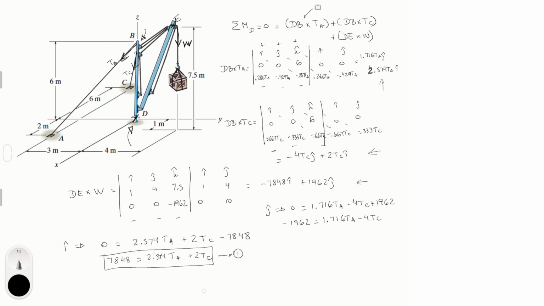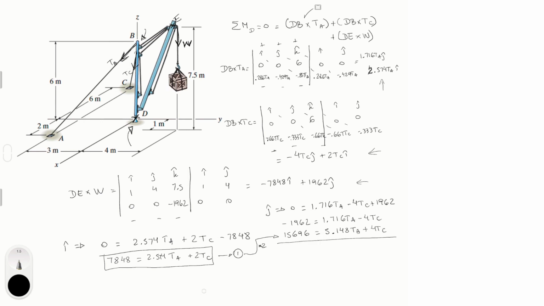What I'm going to do is take equation 1 and put it here, but before I do, I'm going to multiply it by 2. Once I do that, I get 15696 is equal to 5.148 TA plus 4 TC.